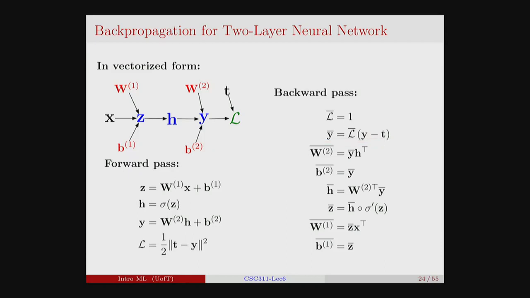The first one says y bar is equal to L bar times dL/dy, which is the gradient of this equation with respect to y, which you can verify is y minus t. Now you'll notice that this is a vector. The right-hand side is going to have the same dimensions as the forward pass vector.